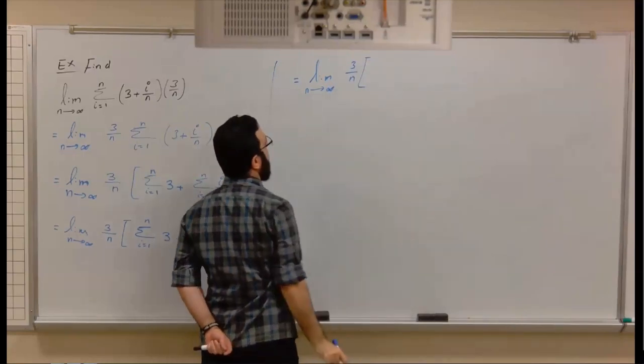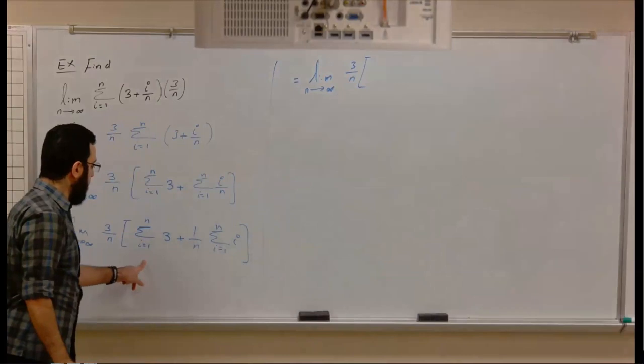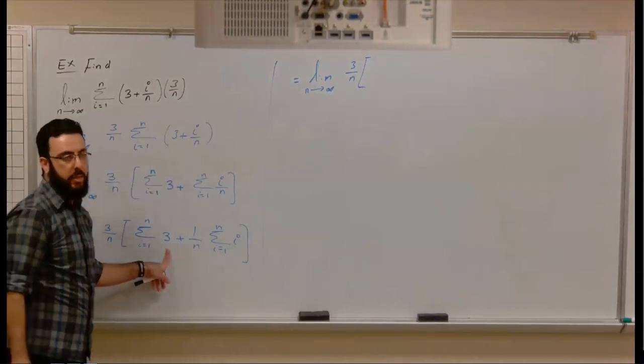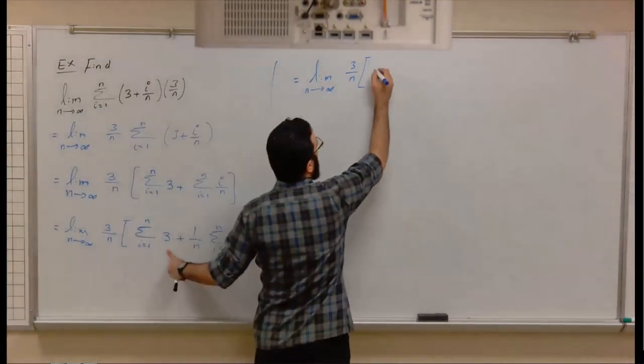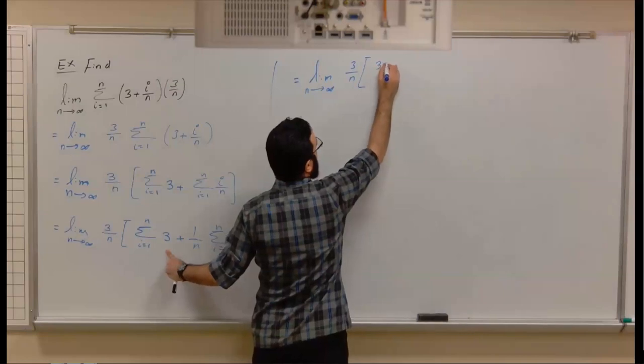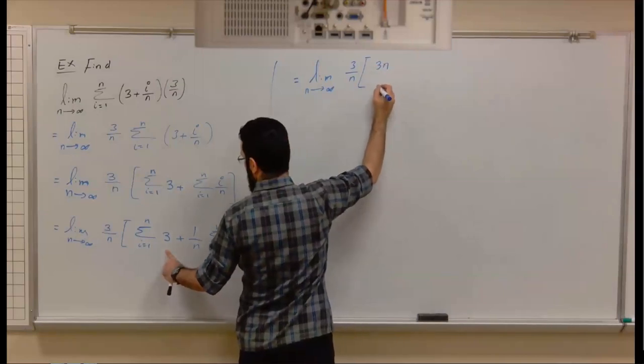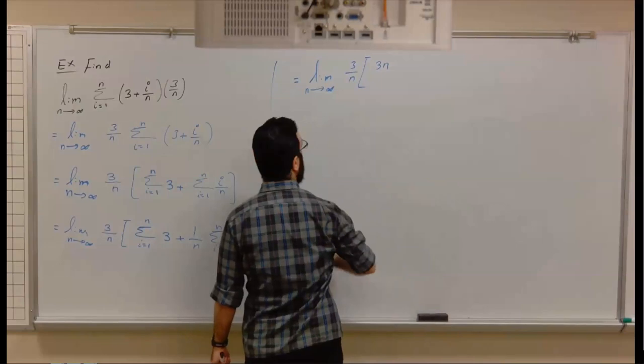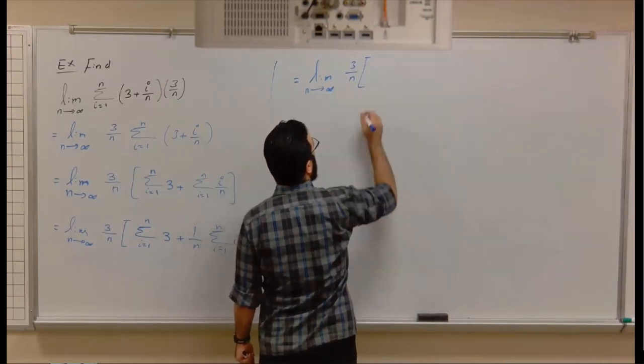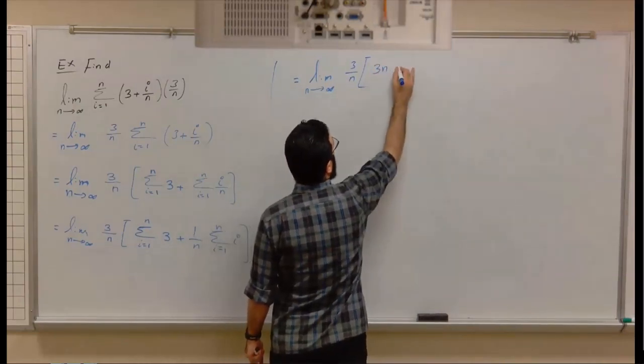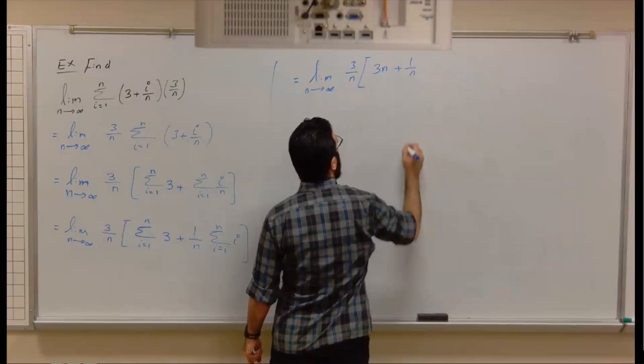Let's see what's left here. The summation of 3 is going to be the number times n. That means 3n. Plus 1 over n.